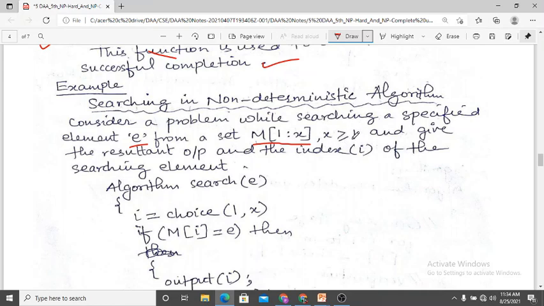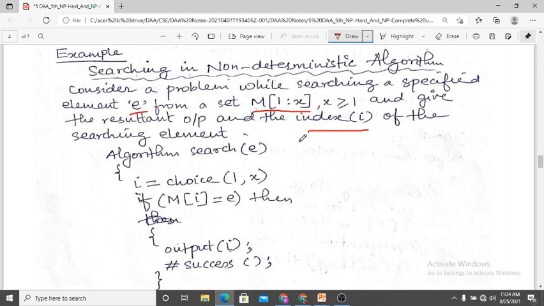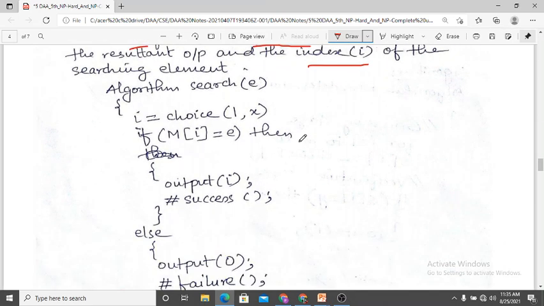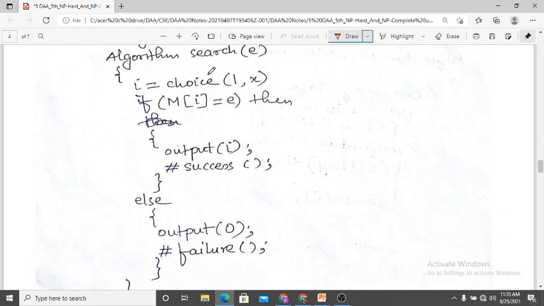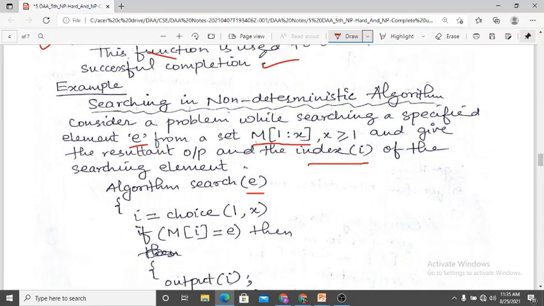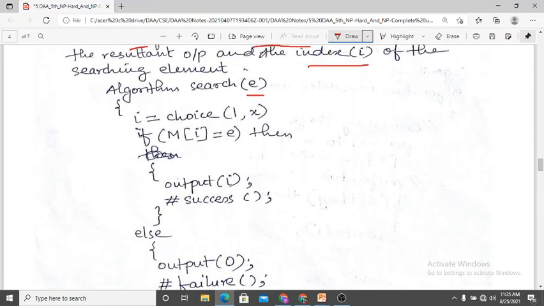There should be some values, and the output is the index i of the searching element. For this, we write the searching non-deterministic algorithm. Algorithm search E, where E is the element you are searching for.